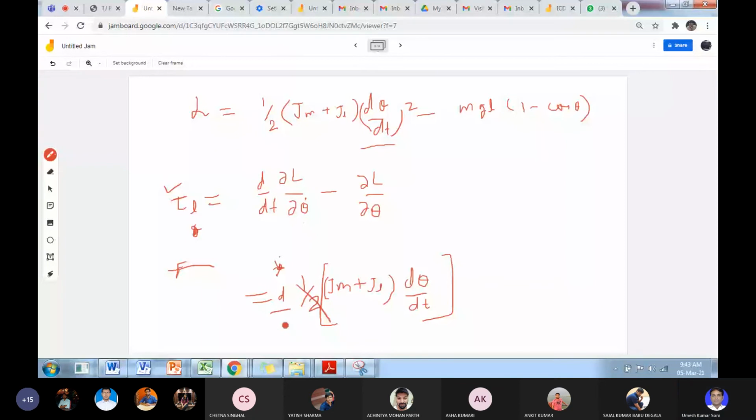Minus, now you take the derivative with respect to theta only. So here the theta dot term is there and here only theta, so you take the derivative of this only.